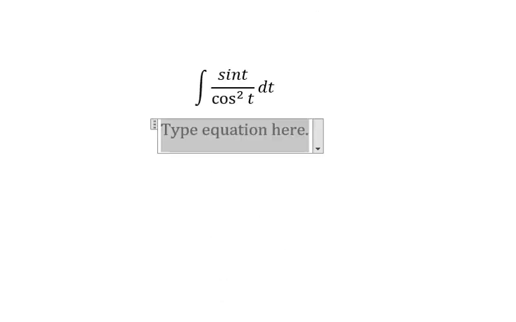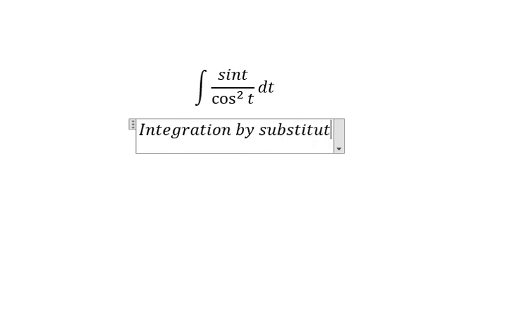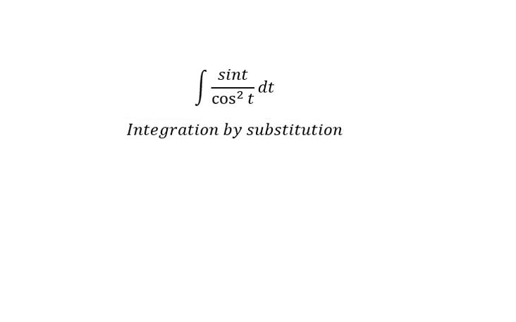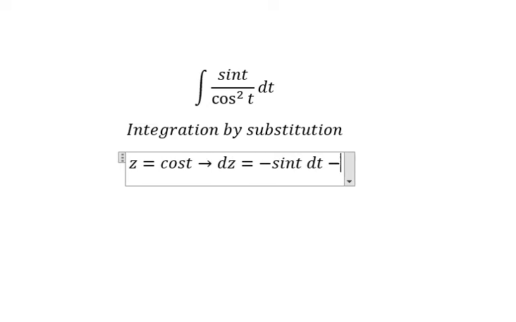So I need to use integration by substitution. I will put z equals cosine t. Then dz is negative sin t dt. Because we don't have the negative here, we put the negative to the left.